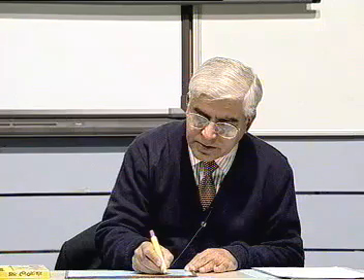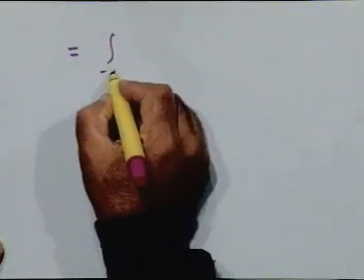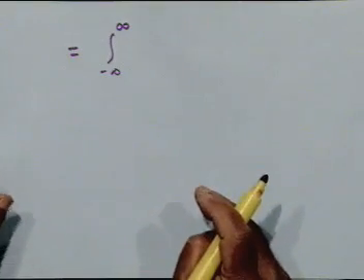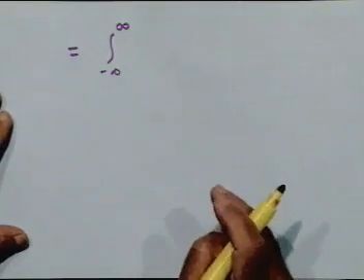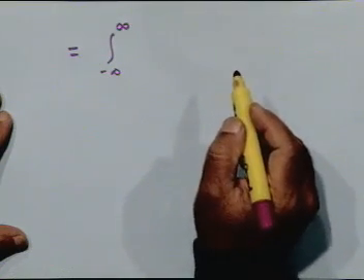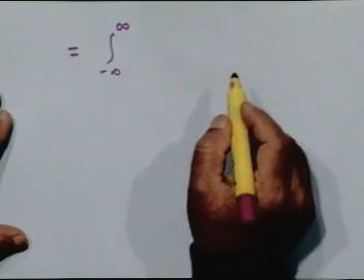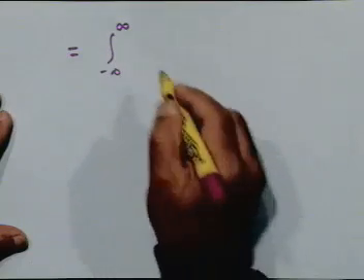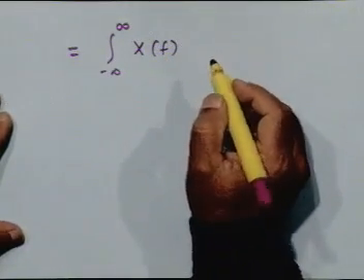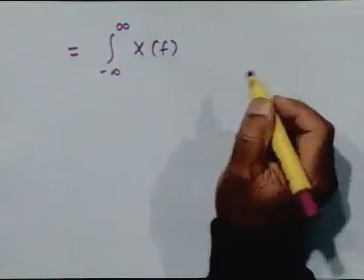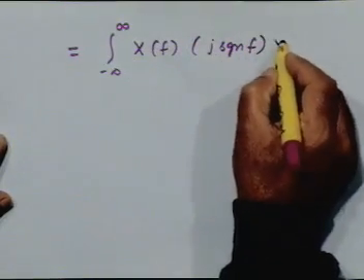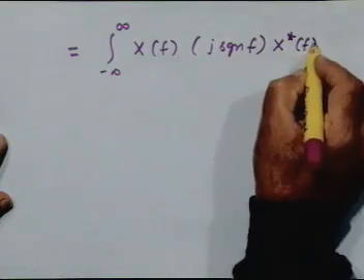If we have this, what is the value of this integral? So what we are saying is the integral of x(t) x hat(t) dt is equal to the integral of X(f) into x hat conjugate(f) df, right? Let's substitute for x hat(f). x hat conjugate(f) is equal to j signum f, we are taking the conjugate, into X conjugate(f).